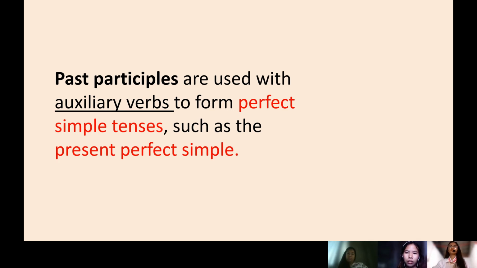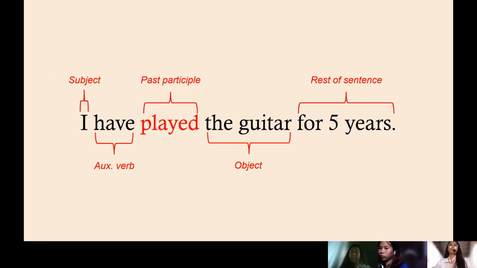Okay, so past participles are used with auxiliary verbs. Again, we have the auxiliary verbs. I hope you can still remember what are the auxiliary verbs that we are talking about. So, just like the present participles, gagamit din tayo ng auxiliary verbs to form, this time, perfect simple tenses, such as the present perfect simple.